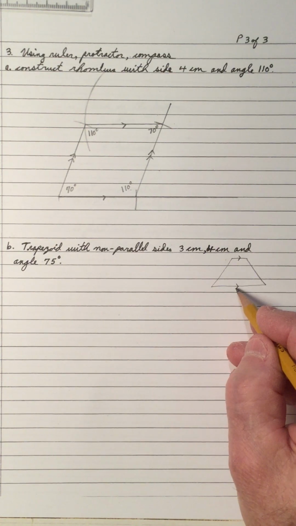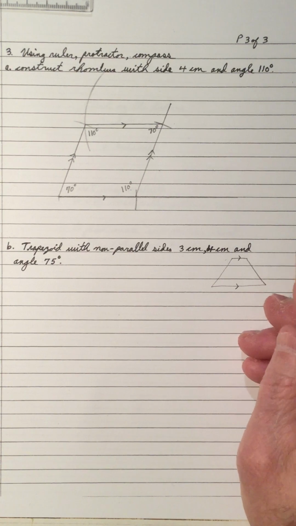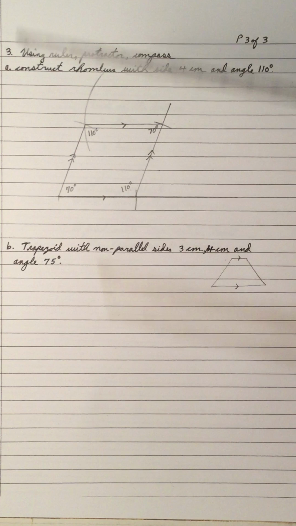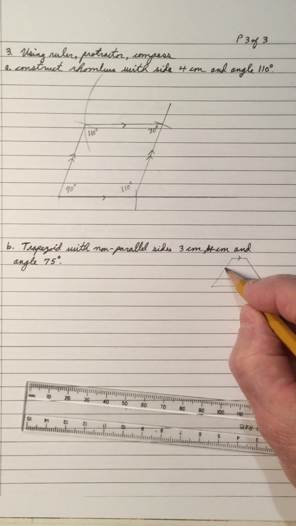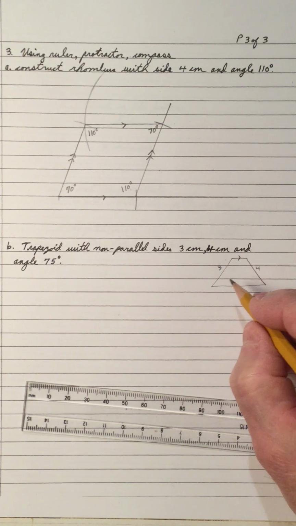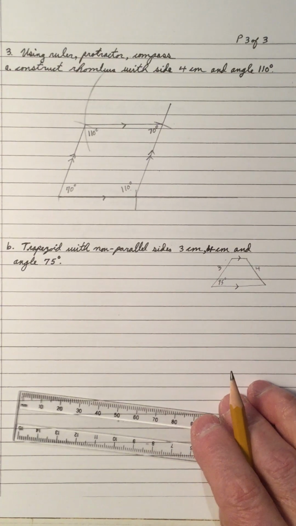So these are the 2 parallel sides. These are our non-parallel sides. So these are the non-parallel sides. This is 3 and this is 4. And let's make this angle 75. So that's what I'm going to construct.